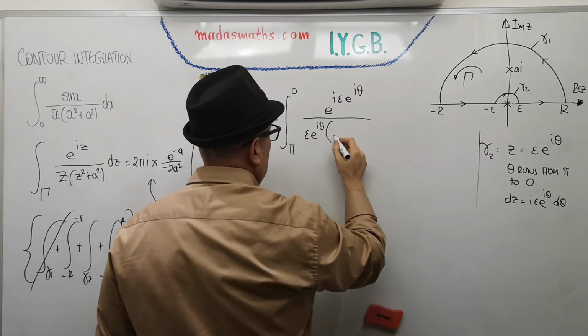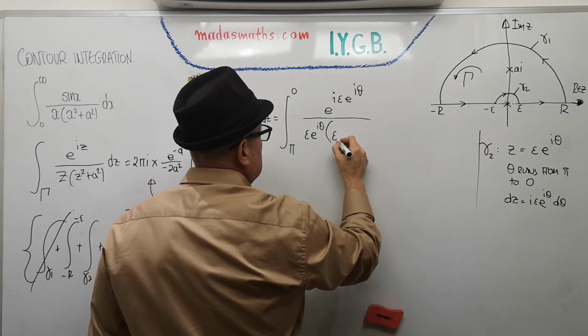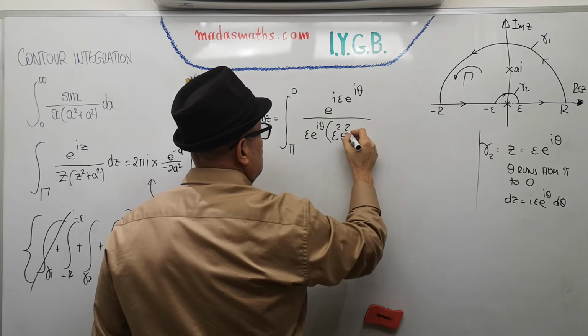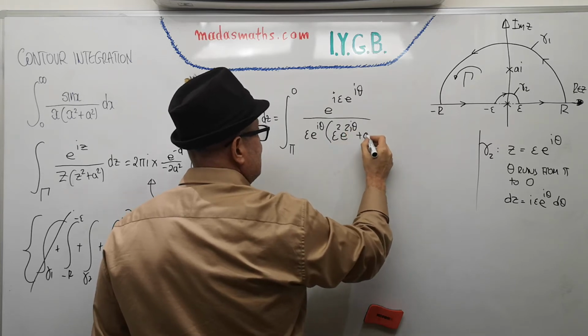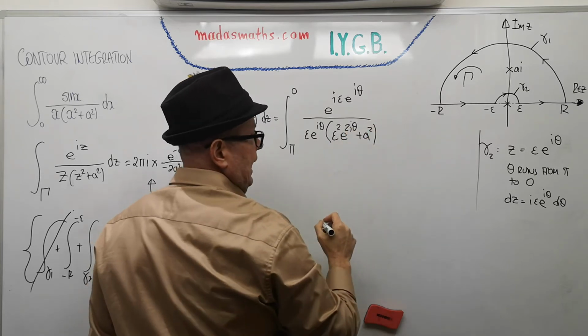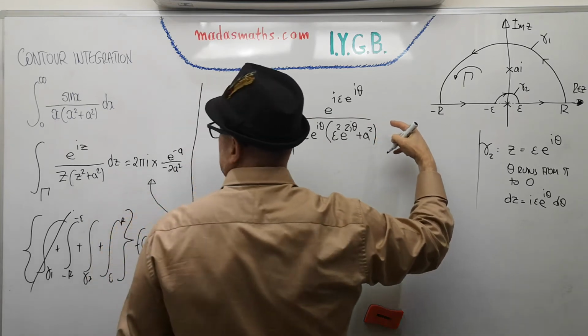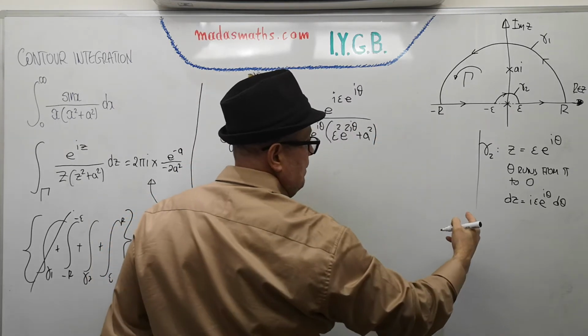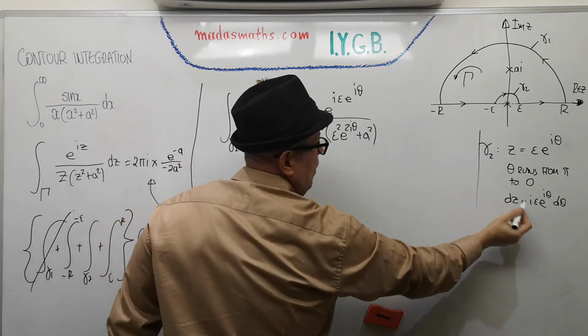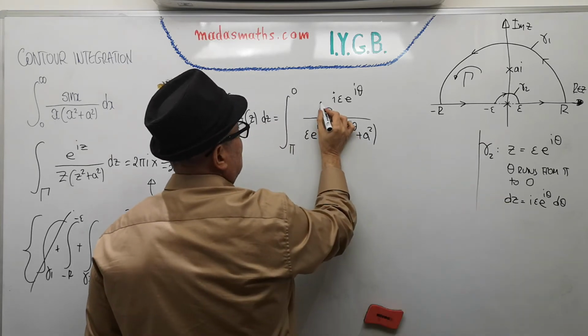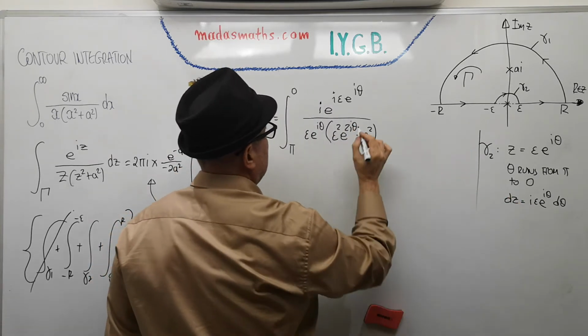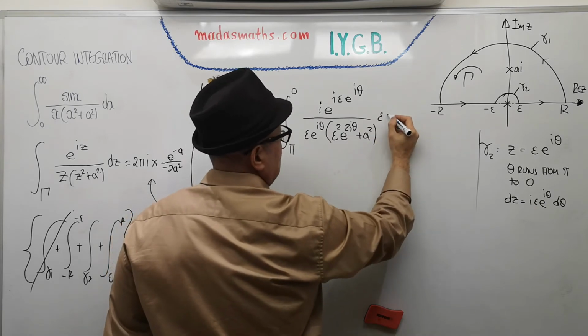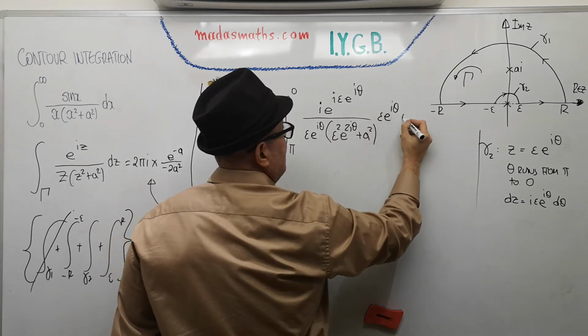Inside the bracket I've got z squared, so it's going to be epsilon squared e to the 2i theta plus a squared, and my dz is going to be, I'm going to put this i on the top here, that's the i from there, and epsilon e to the i theta d theta.